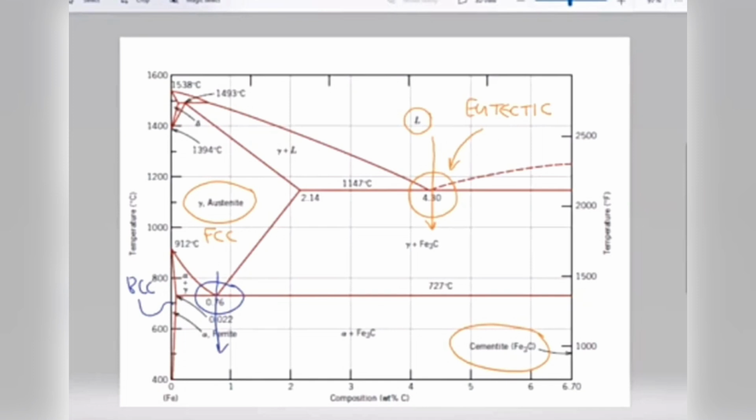Now, the important thing about this point is it's not a eutectic point because we're not going from liquid to solid. In fact, it's called eutectoid. The big difference here is that eu means easy, tectic means melt.